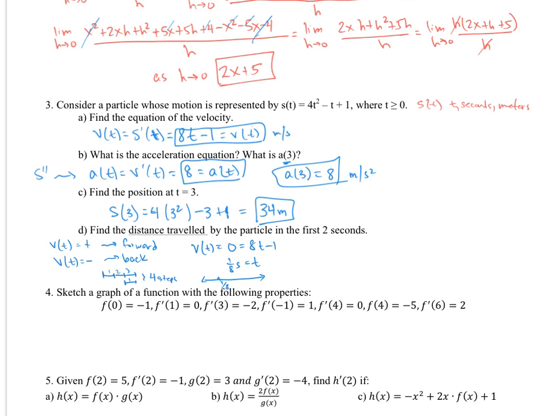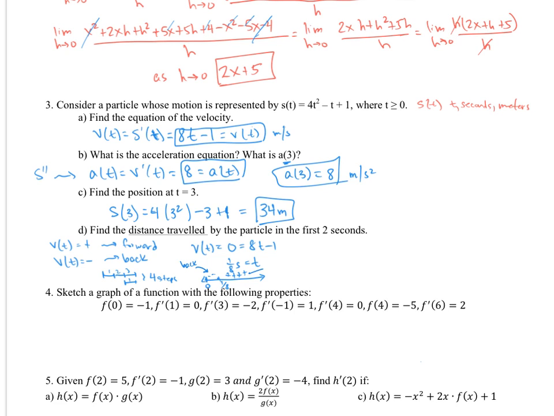So if I put in a value greater than 1/8, I'll end up with positive numbers. And if I put in something between 0 and 1/8, because it says right up here where we're only considering when t is greater than or equal to 0, when I put that number in, I get negative. So in this, from 0 to 1/8, in this interval, we are going to be moving backwards.